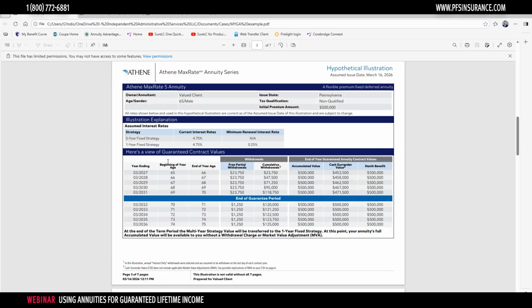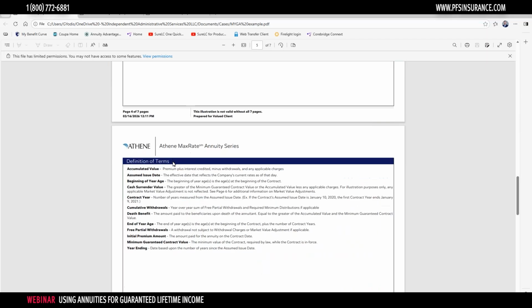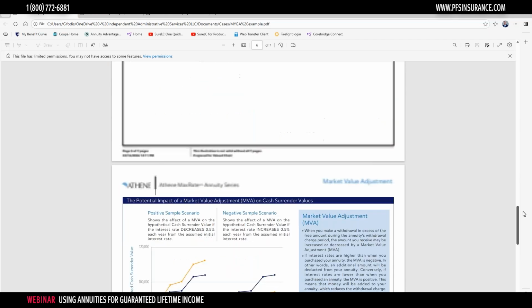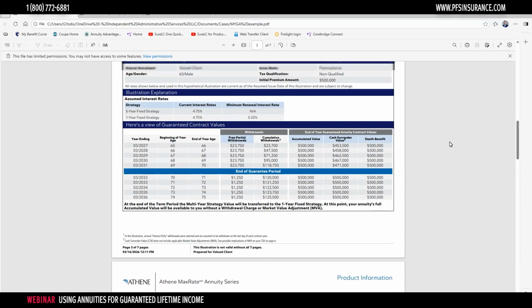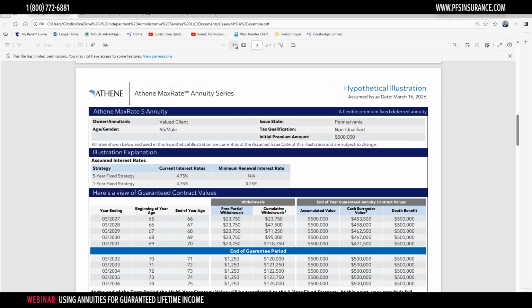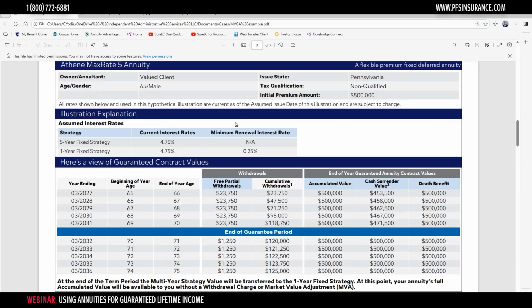So as you see here on the ledger pages, there's just guaranteed on the multi-year guarantee. If you look at the ledger, and I'll try to make this a little bigger so it's easier to see, we're beginning at age 65.